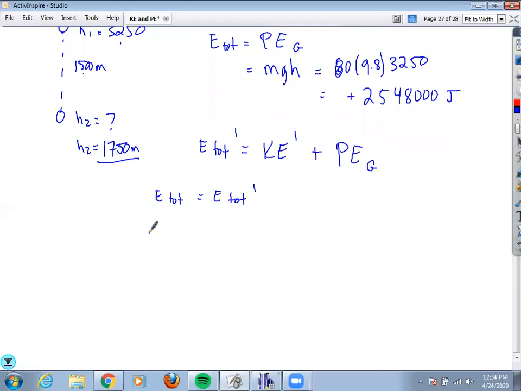So we calculated it as 2,548,000 joules equals 1/2 mv squared plus mgh. So what we can do is calculate the final gravitational energy, subtract it, and then isolate V.